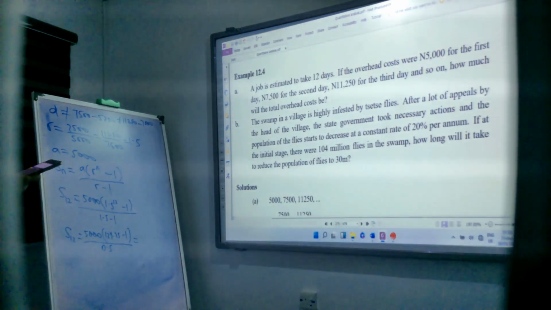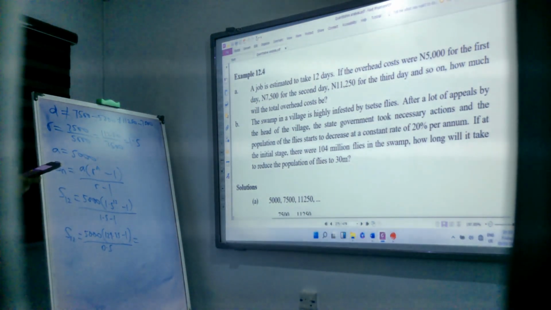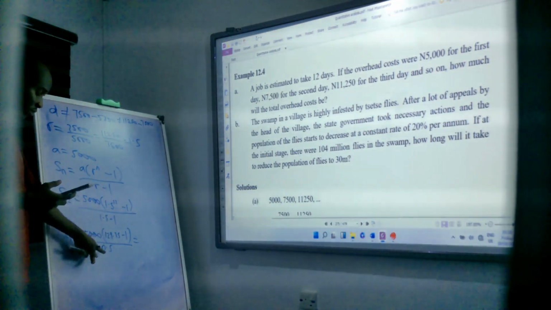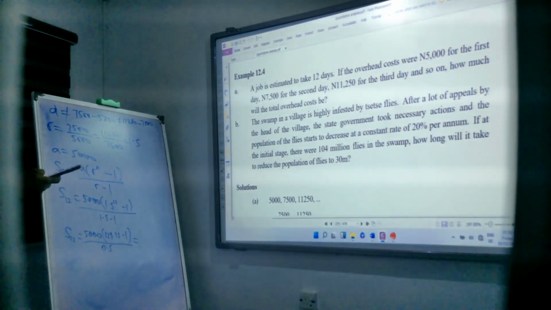So we have 129.75 minus 1, that would be 128.75, times 5,000, divided by 0.5, since 1.5 minus 1 is 0.5.